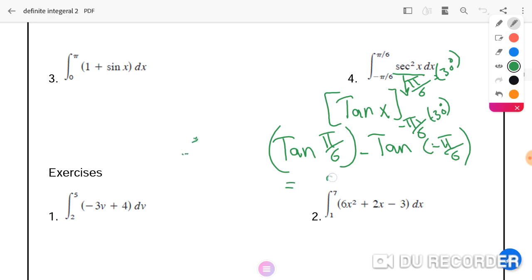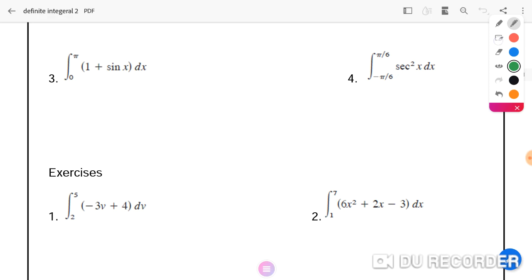It will be 2 root 3 by using your calculator over 3. I think it's so trivial. Just find the integration of the function, then replace by the upper limit minus the value of the function if we replace by the lower limit. I think it's so trivial and a very interesting lesson.